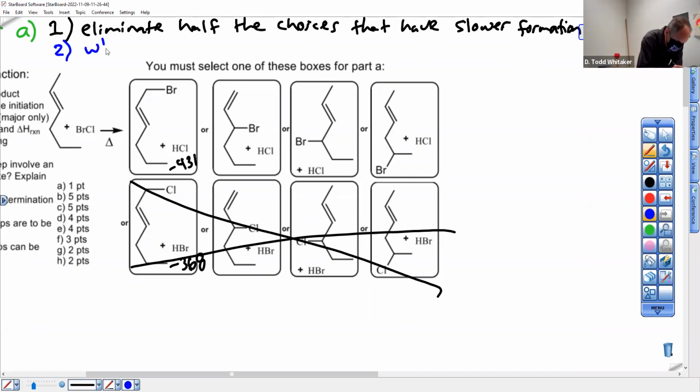Which CH breaks first? I'm going to put them in blue. Some of the products have this H missing. Some of the products have what other H missing?